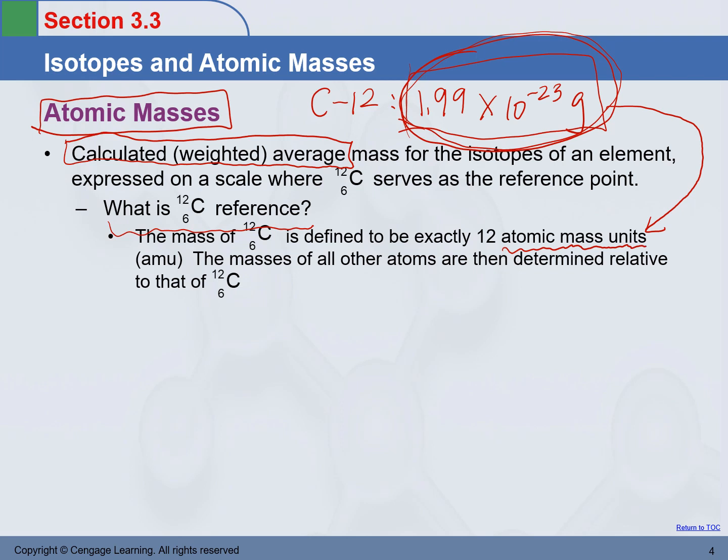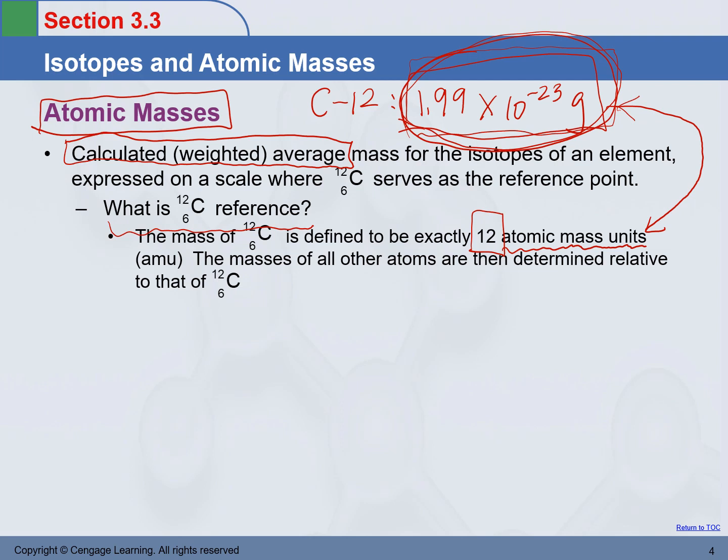Whatever the mass of carbon-12 is, I will say carbon-12 has 12 atomic mass units. Which means 12 atomic mass units is actually 1.99 times 10 to the negative 23 gram. But you can ignore that. Regardless of what it is, I just call it 12 AMU.